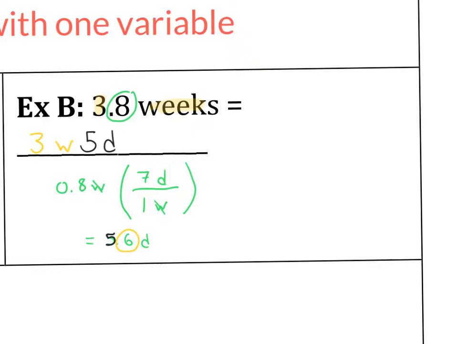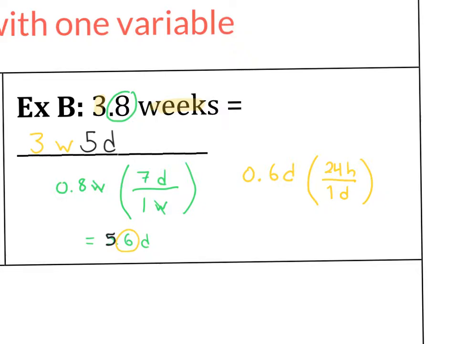So now we do it again, but with a different conversion. 0.6 days, and now what's the next unit that we are dealing with? What is underneath it? Hours. 24 hours in 1 day.